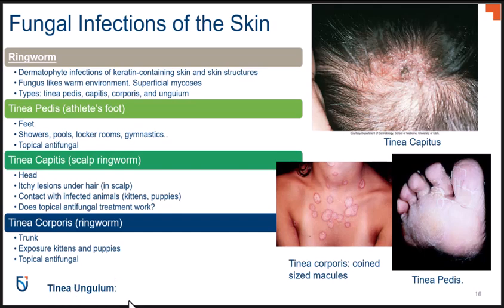And I'd also like you to make note that it usually requires systemic treatment as well versus topical antifungal treatment. So we're looking at tinea pedis and corporis that tend to respond well to topical antifungals, and tinea capitis and unguium tend to respond better to systemic antifungals.